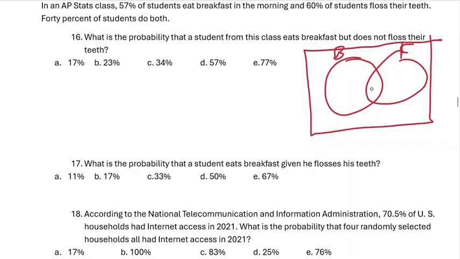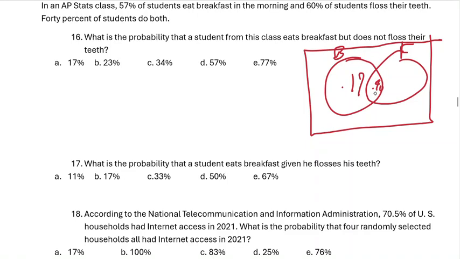And both, 40% do it. Okay, so 40% do both. The breakfast circle has to total 57%. So 40 is in the middle. That means 17% is going to be over here. So it's not really to scale, and then 60% of students floss their teeth.